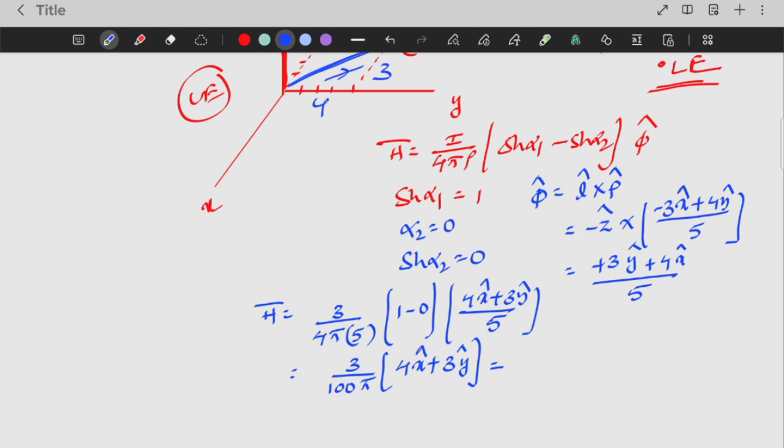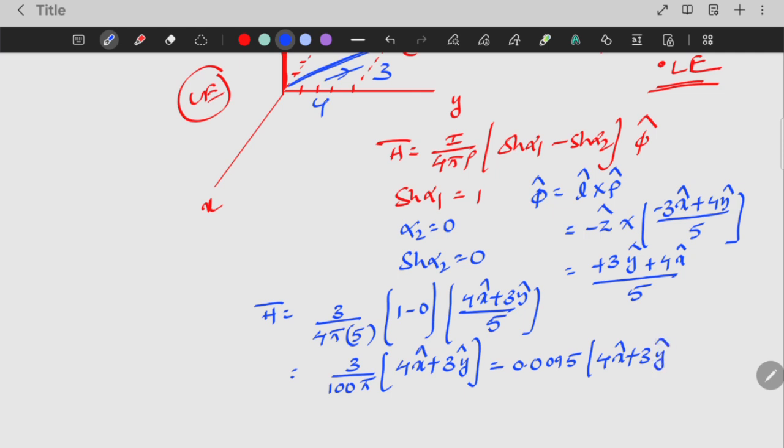So what we get? 3 by 100 by pi, it is 9 point something we got. I will write that also. It is 0.0095 multiplied with (4 into x cap plus 3 into y cap).